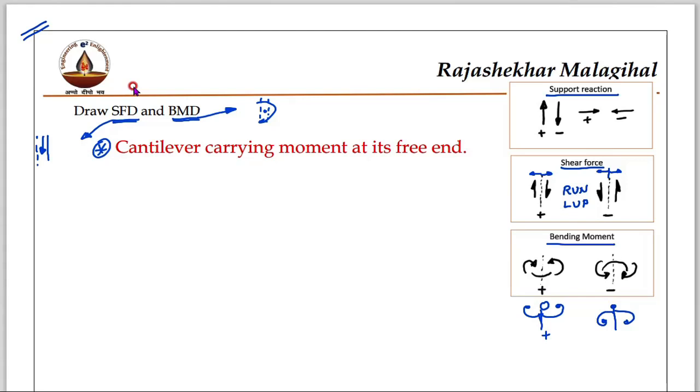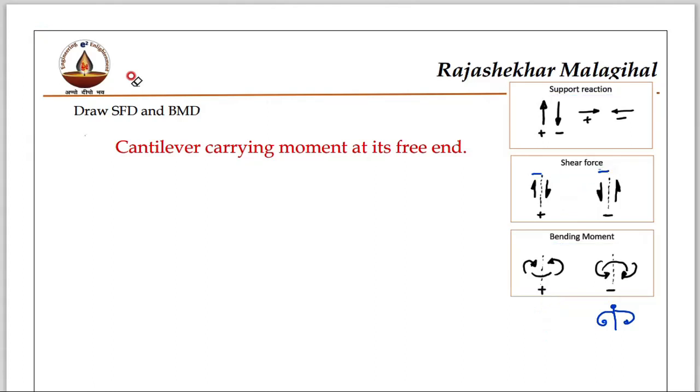This video will cover only cantilever problems. And we also discussed what steps are involved, the procedure to draw SFD and BMD. First, we have to draw the free body diagram. Why? Because we want to determine support reactions. Second, determine support reactions.